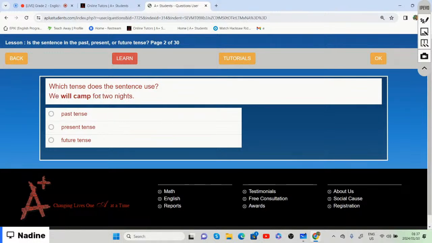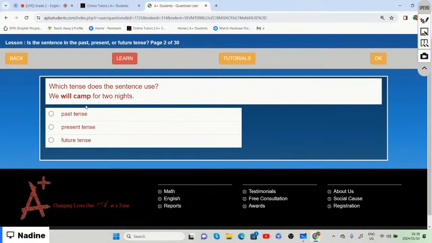We will camp for 2 nights. So we will camp for 2 nights. Is that in the present tense, in the past tense, or does it show the future tense?